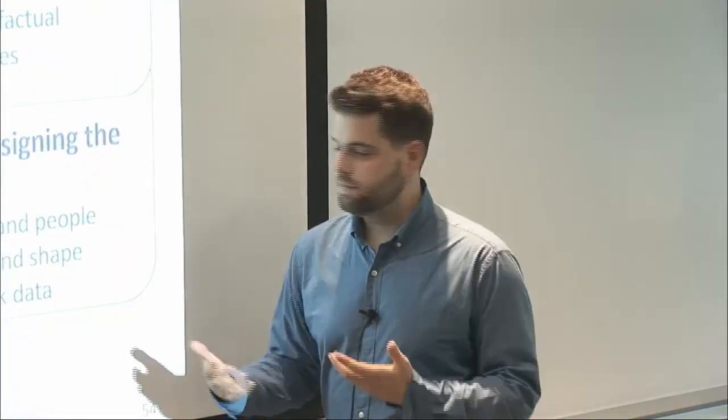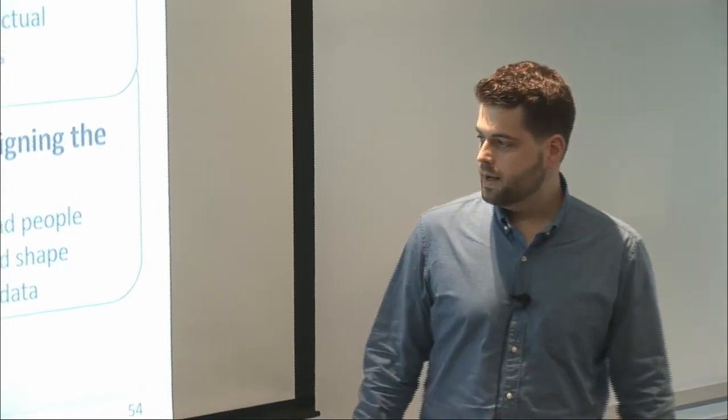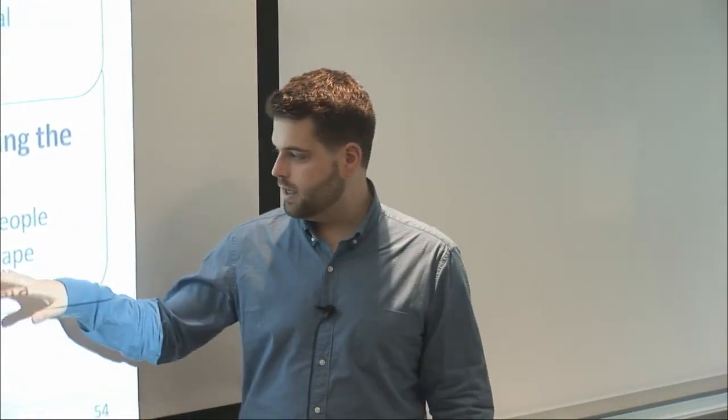In the second part, we started by thinking about how people work and how they interact. That allowed us to design interfaces so that we can shape and maybe collect new feedback signals. So that concludes my talk. Thanks.